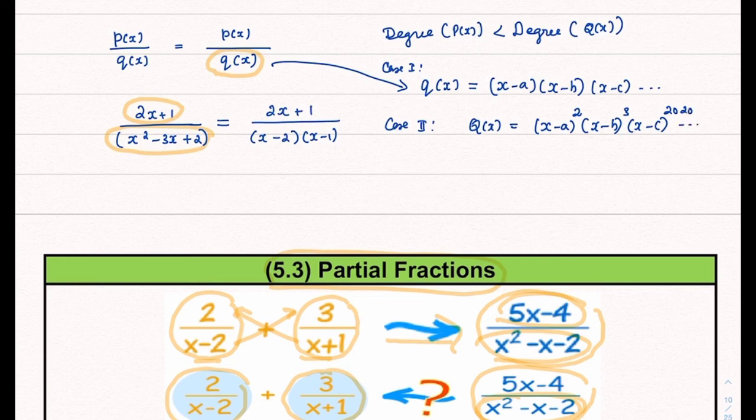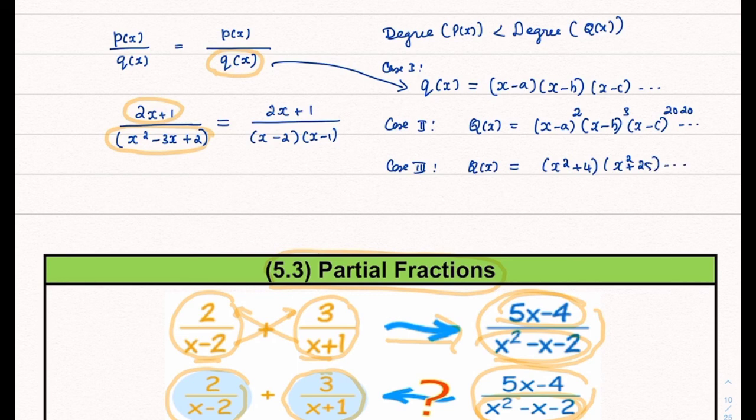So each of them or some of them have multiplicity. Case number three is when the q of x has an irreducible quadratic. For example, you may have something like x squared plus 4, which you know you cannot further factor, or multiplied by x squared plus 25 and things like that.